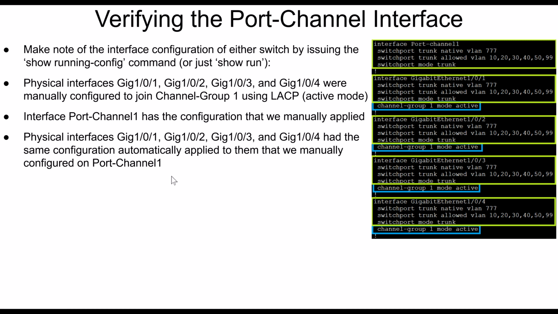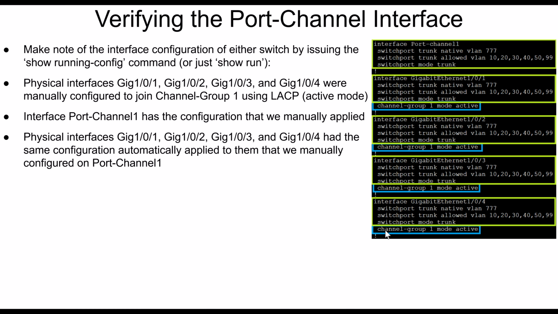Physical interfaces G0/1, 2, 3, and 4 had the same configuration automatically applied to them that we manually configured on port channel 1. So we manually put these three commands on port channel 1, but look what the switch did. It automatically applied that to each physical interface.